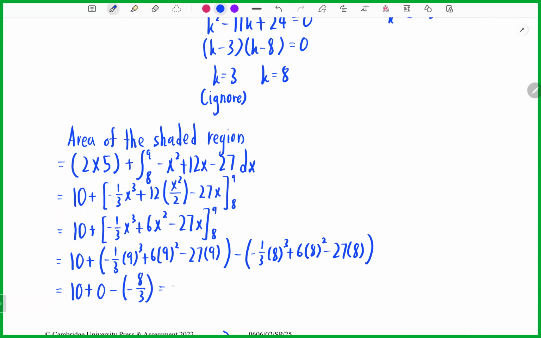So you get 10 plus 8 over 3 equals 38 over 3 square units.